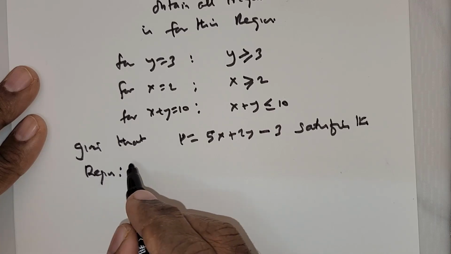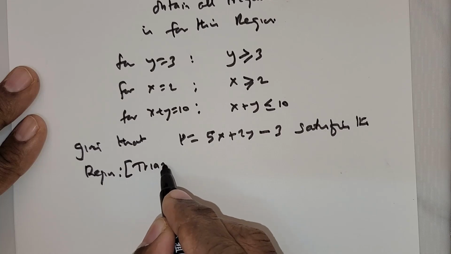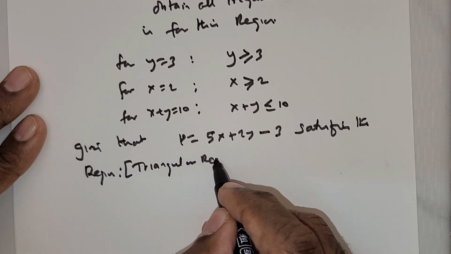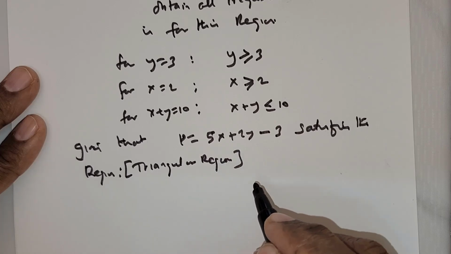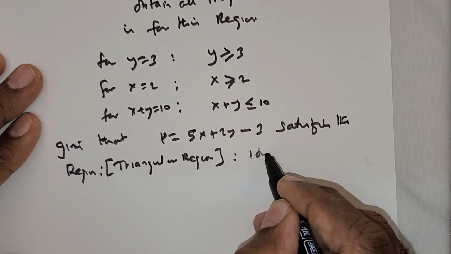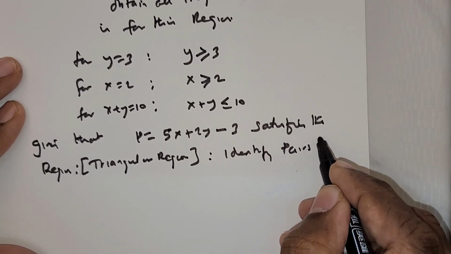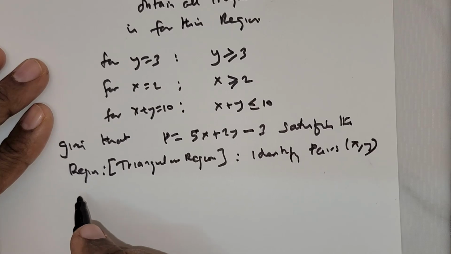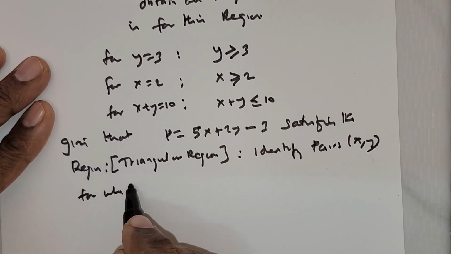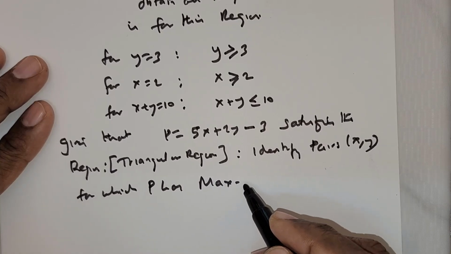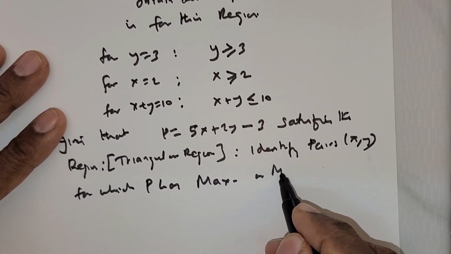So this region is represented by the triangular region. We are asked to identify pairs x comma y for which p has maximum or minimum values.